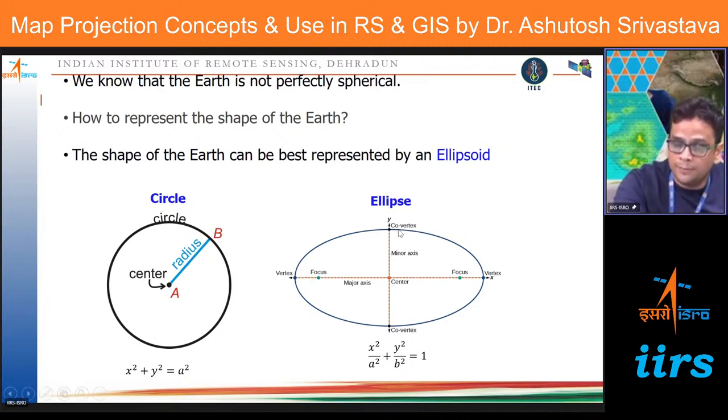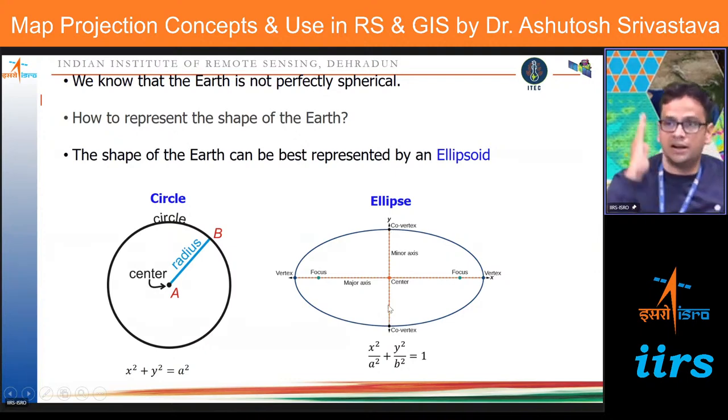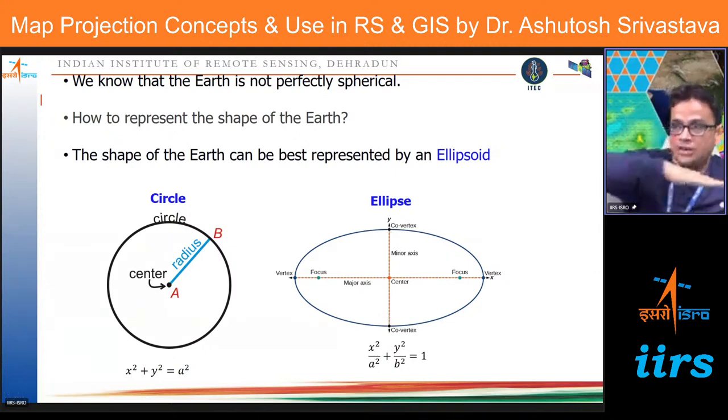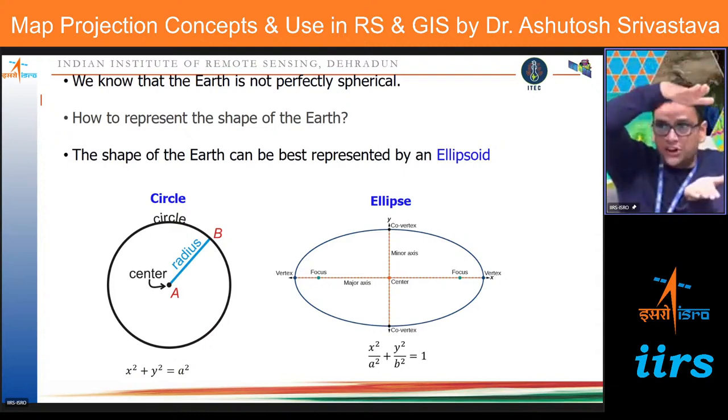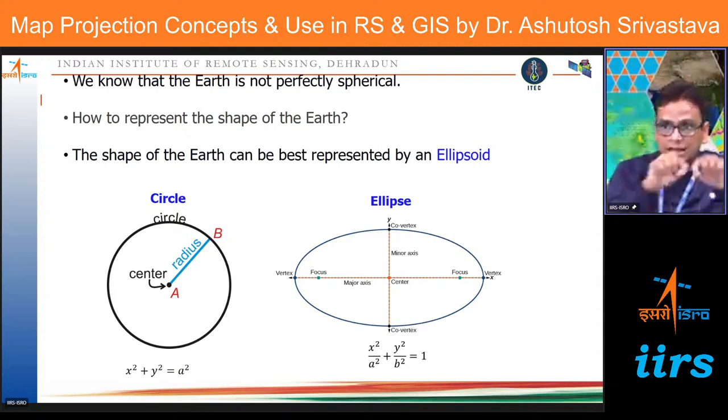The complete double distance is called the axis: the vertical distance, which is just reduced, is called the minor axis, and the horizontal distance, which is just expanded, is called the major axis.